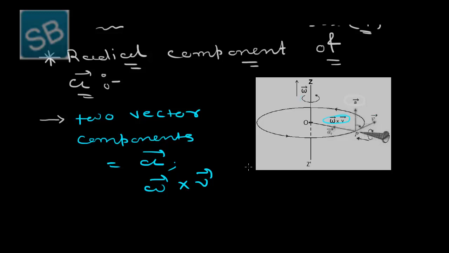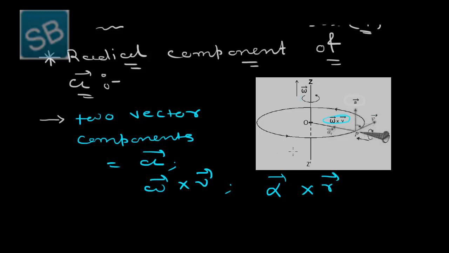And this omega cross V I can also write in terms of the angular form or the acceleration form as alpha cross r. So both are having the same magnitude and same direction.